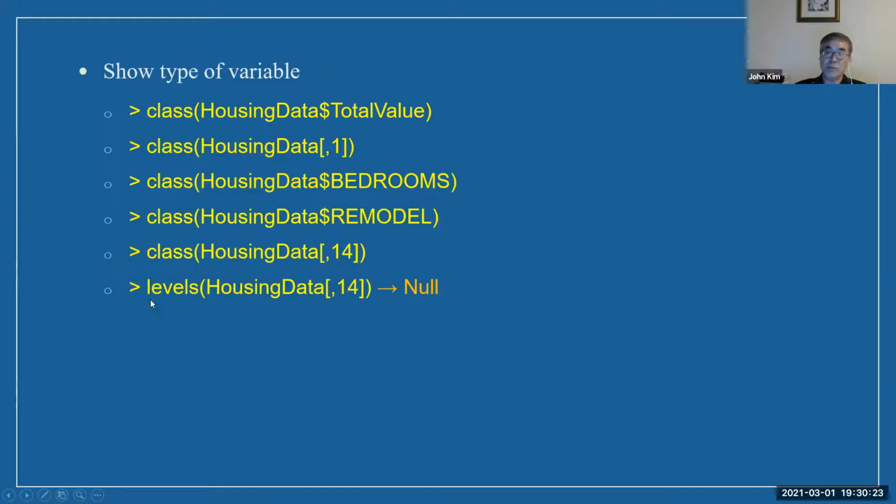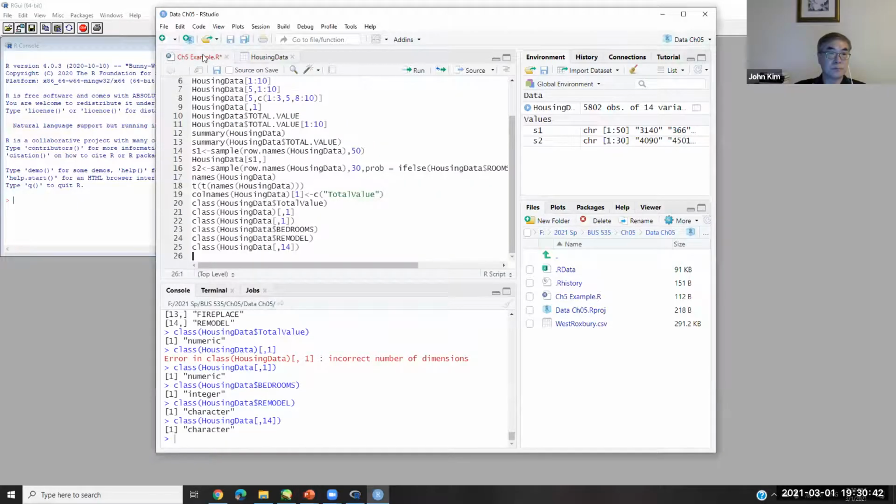we use the levels function with this column variable. Levels, housing data, column number 14, and run.